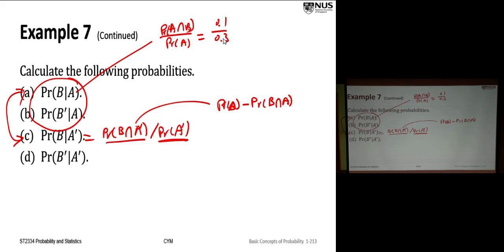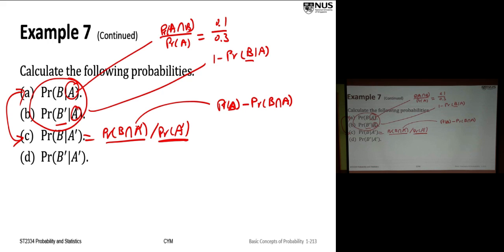These are from the previous slide. Now the second, part B, probability of B complement given A. Because they are conditioned on the same condition, this is just 1 minus probability of B given A, because B prime is the complement of event B. So it's just 1 minus that. The answer is 2/3.